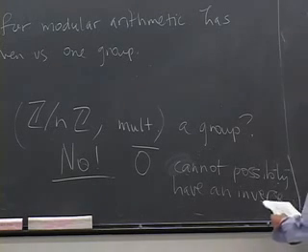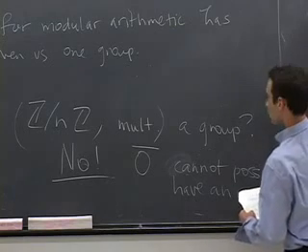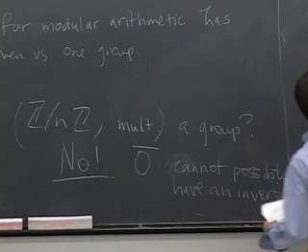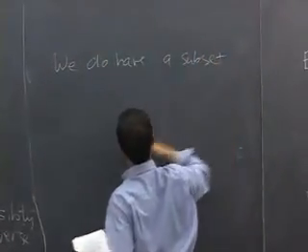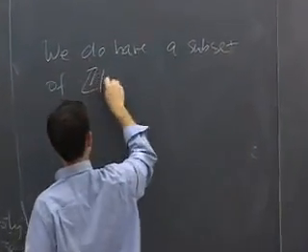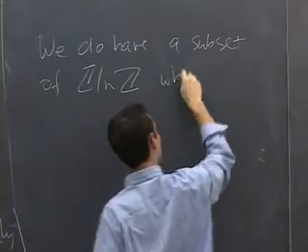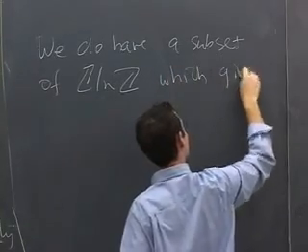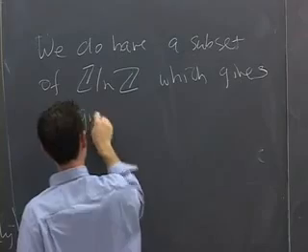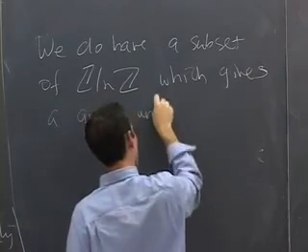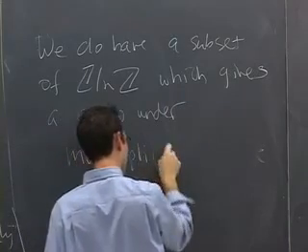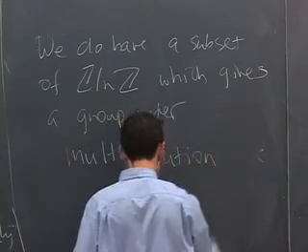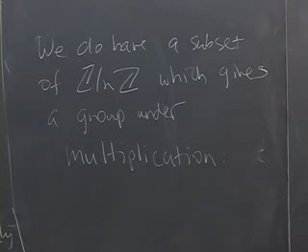So we do have a subset of Z mod NZ which gives a group under multiplication. Explicitly, the set of things that have inverses.